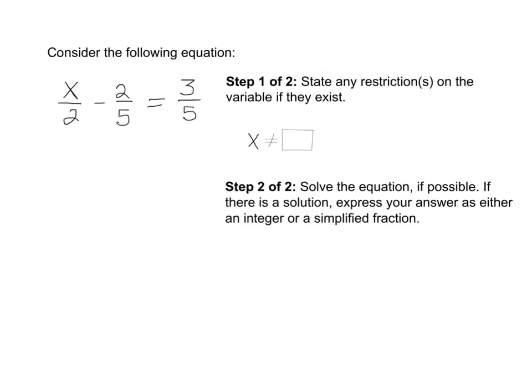Okay, consider the following equation. State any restriction on the variable if they exist. So here we've got x over 2 minus 2 over 5 equals 3 over 5. And like I said before, if there's a variable on the bottom in the denominator, there will be a restriction.